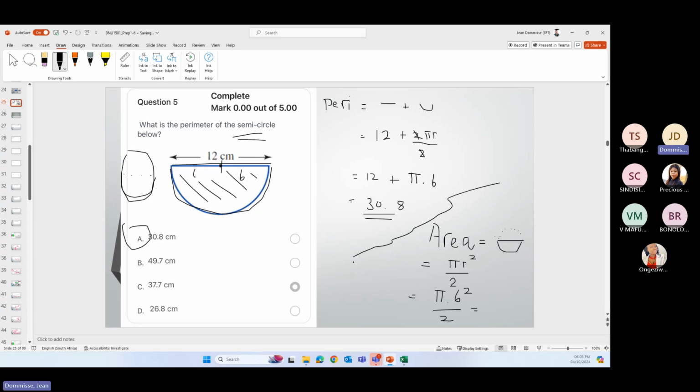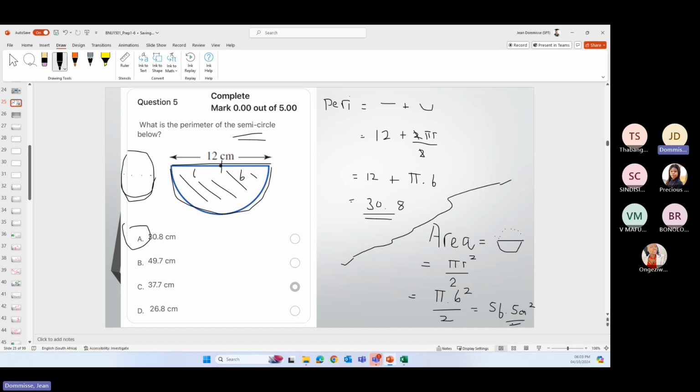So just if I ask the area, we at least have covered that as well. And that is going to be, and you can later on check it as well, 56.5 square centimeter.